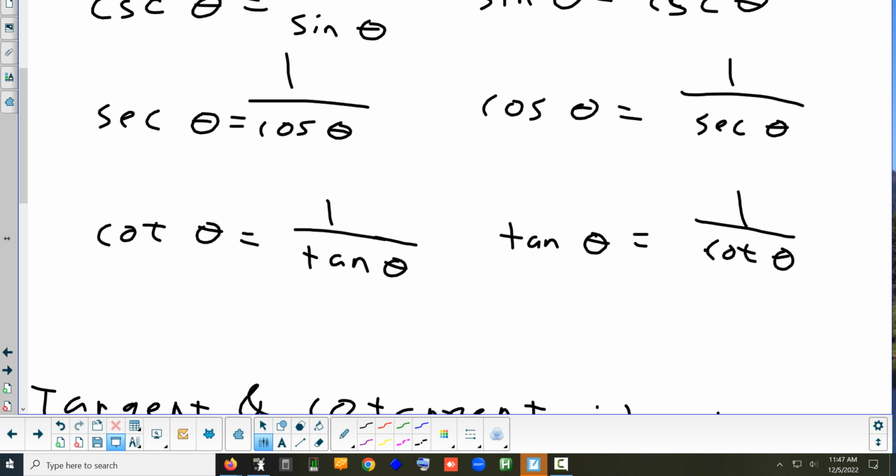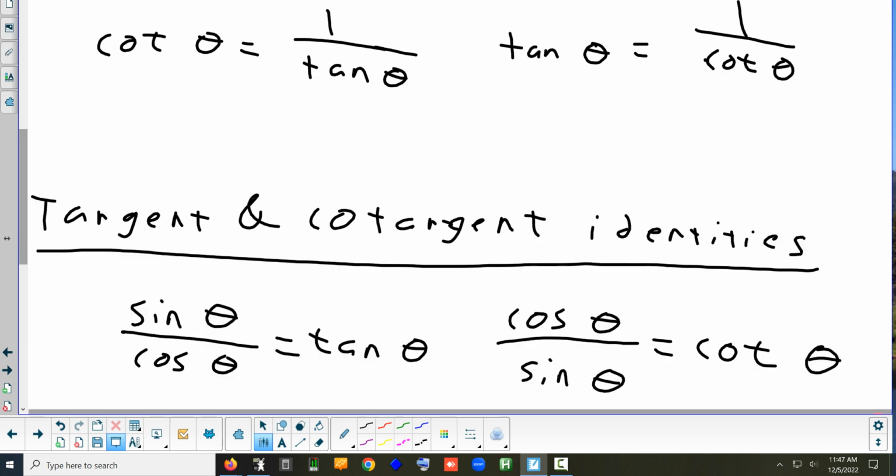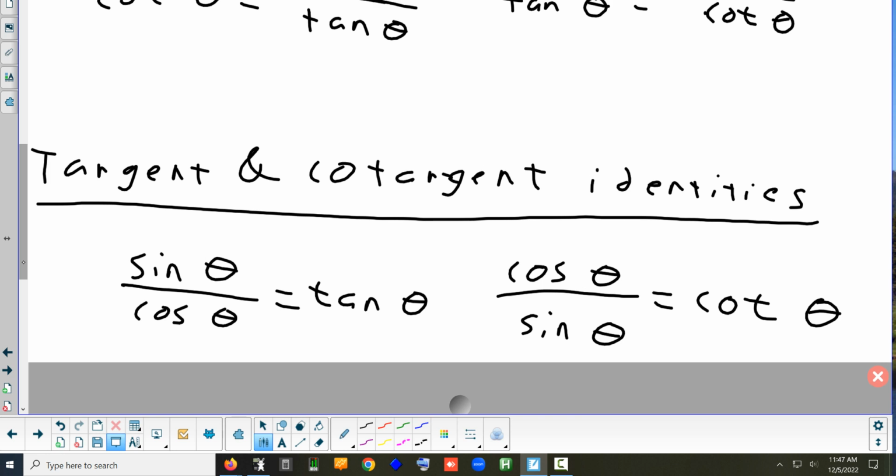And I already talked about these. When you want to think about tangent, think about it as dividing what by what? Exactly. Tangent is always equal to sine over cosine. Well, if tangent is always equal to sine over cosine, then cotangent must be cosine over sine, because you flip one to get the other.